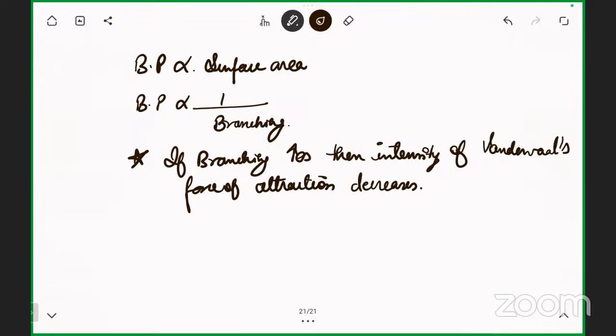Some compounds having higher molecular mass still have less melting point, and some have higher melting point. So we don't have a regular trend in melting point.